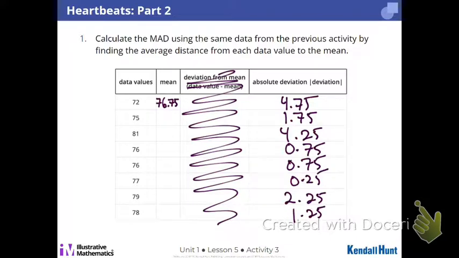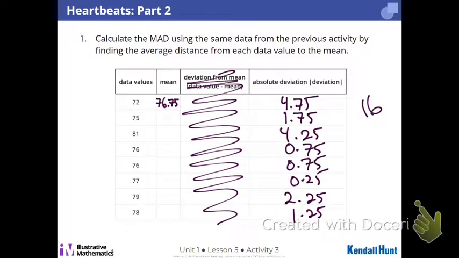So all I've done so far, as I said, my average is 76.75. This is how far away they all are from the average. Remember, the question I'm answering is, on average, how far am I away from the average? So if I add all these up, what do I get? 6, 7, 8, 9, 10, 11, 12, 13, 14, 15, 16. If I add them all up, I get 16.